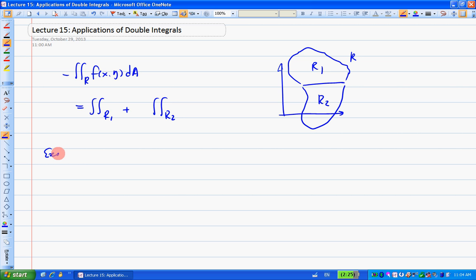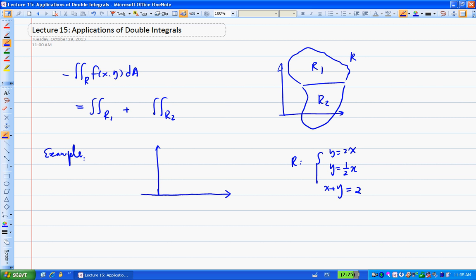So let's take a look at an example here. Suppose I have a region R, which is the area bounded by y = 2x, y = 1/2 x, and x + y = 2.